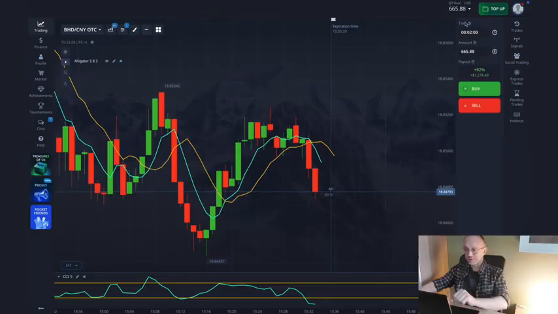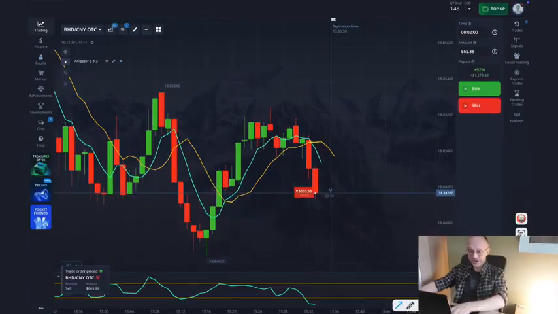The next moment looks particularly confident. With an expiration of 2 minutes, I'm opening a short trade for $665.